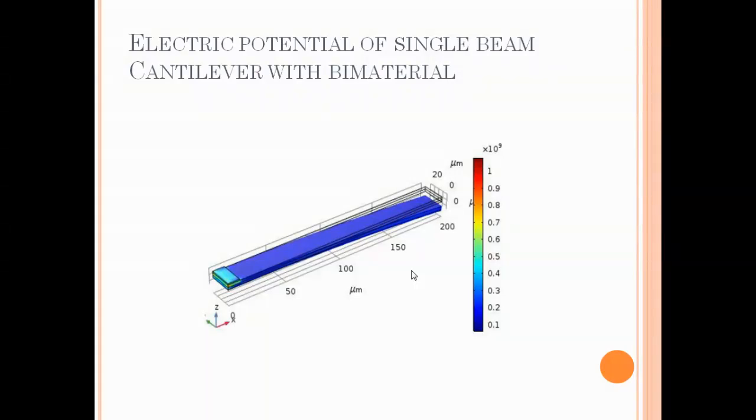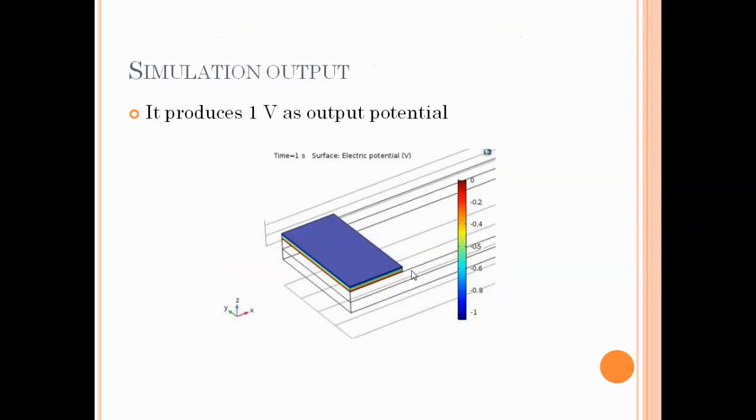The bottom is the low temperature coefficient material, so the deflection is downward. Accordingly, the piezoelectric layer placed at the top left corner generates the corresponding voltage. This piezoelectric layer simulation alone can generate a maximum of 1 volt as electrical output.